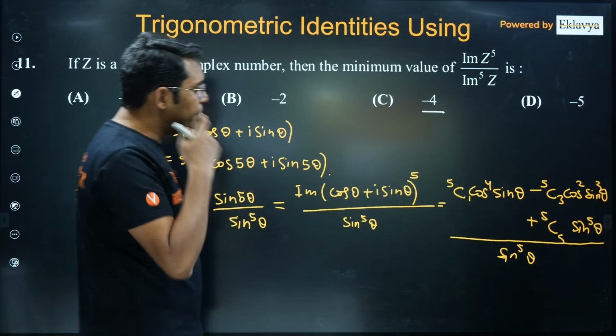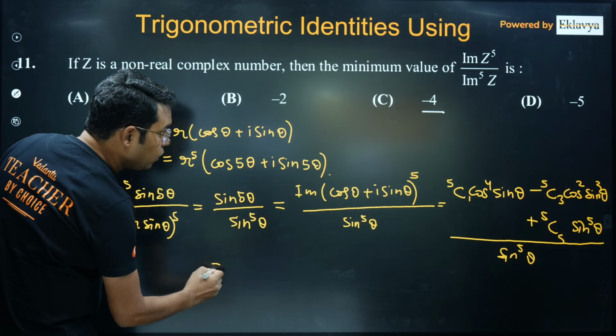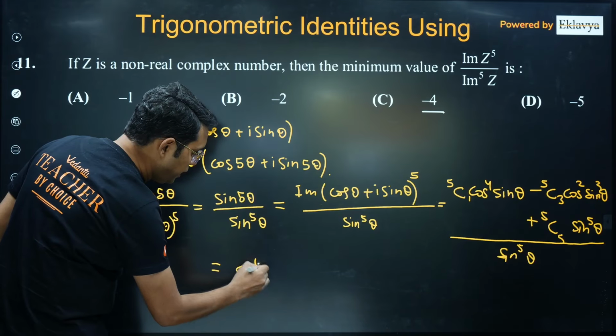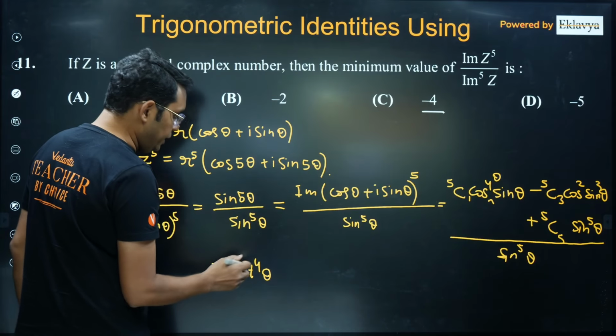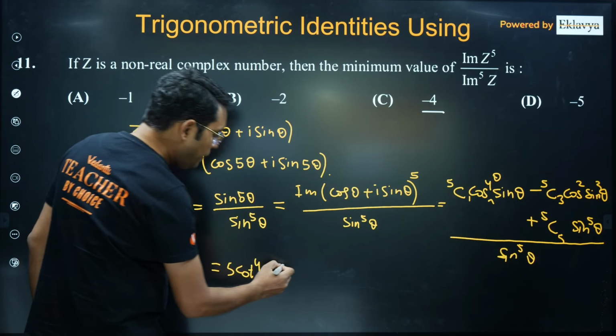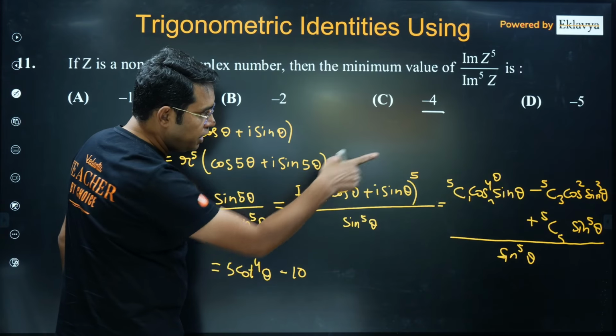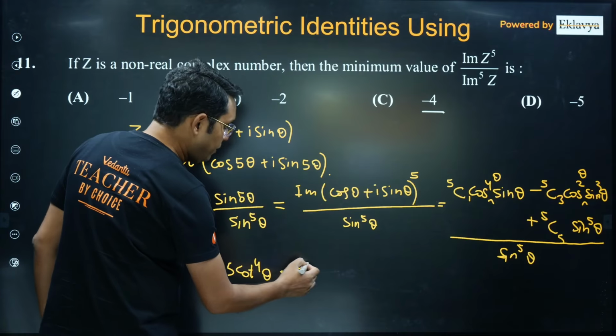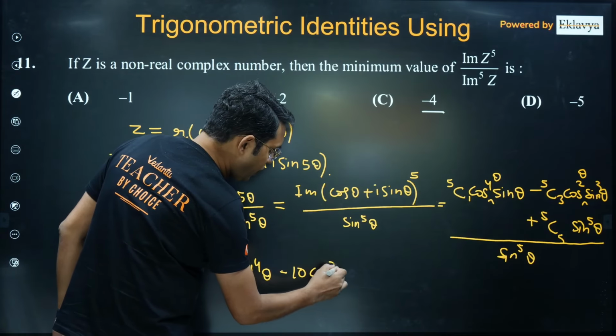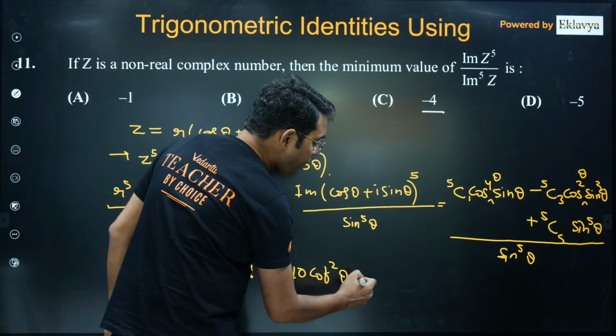Now if you divide them, you will be getting cot raised to the power 4 theta, I think I have not written theta here. Cot power 4 theta will be multiplied with 5, minus 5C3 which is 10, and here also I have not written theta, so that will be minus 10 cot square theta and then plus 1.